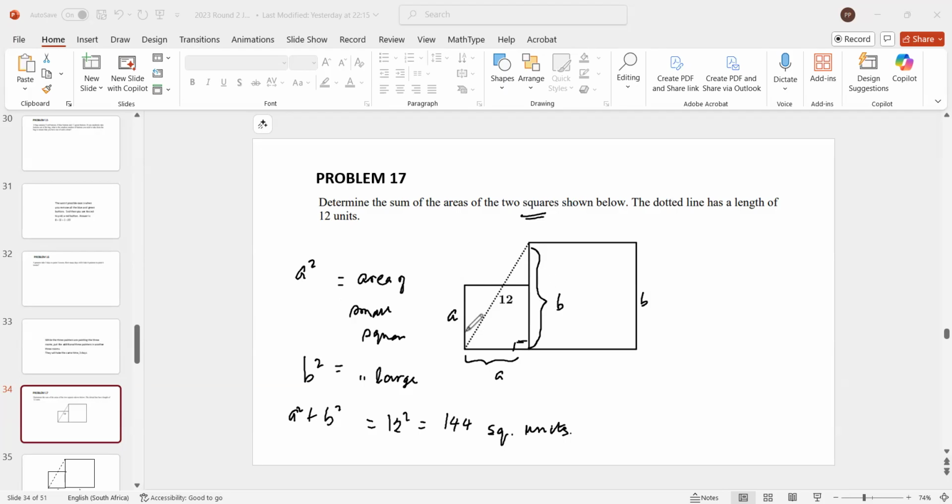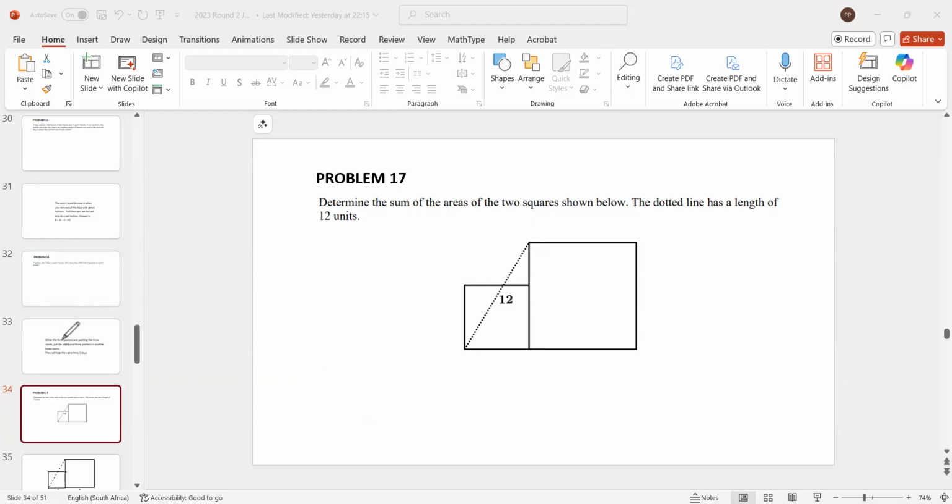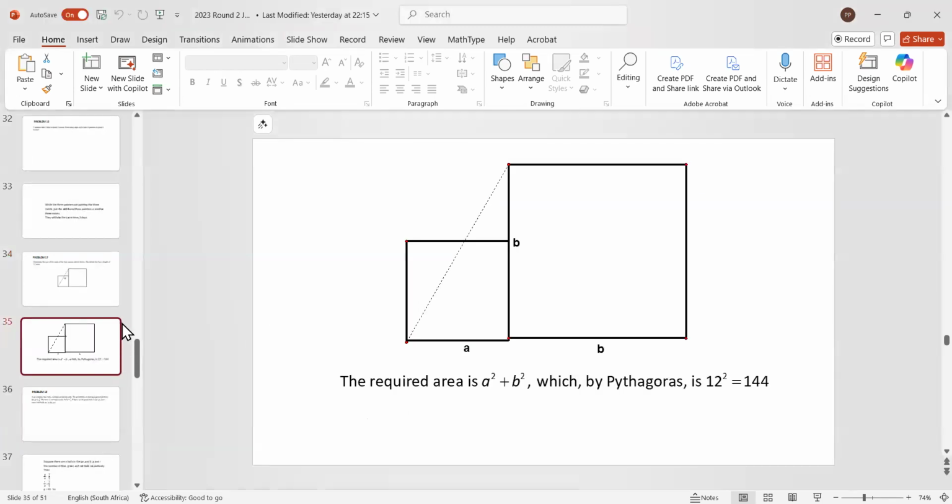With just one piece of information, the distance between these 2 points, you can work out the total area. Okay, so let's just go on to the next problem. Oh, there it is. It is 144.